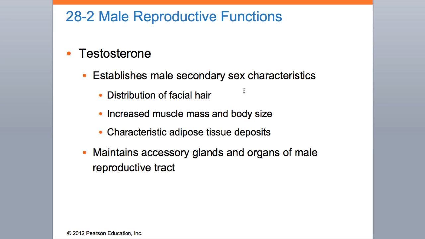It won't happen because they do not have the degree of testosterone they would need for that to happen. Now, if you're a female bodybuilder taking steroids like this, then it'll happen. Next slide.